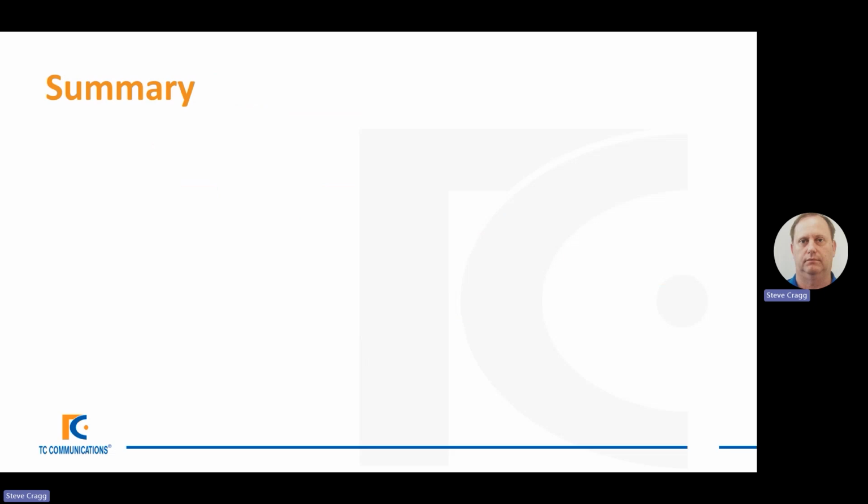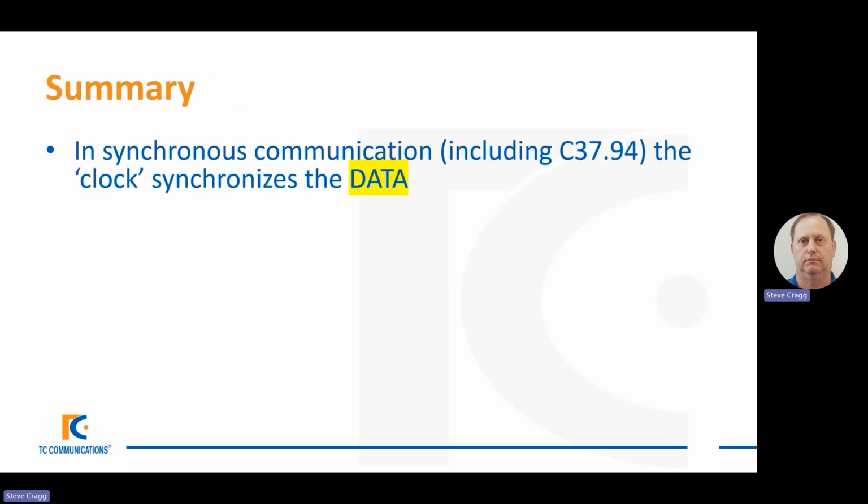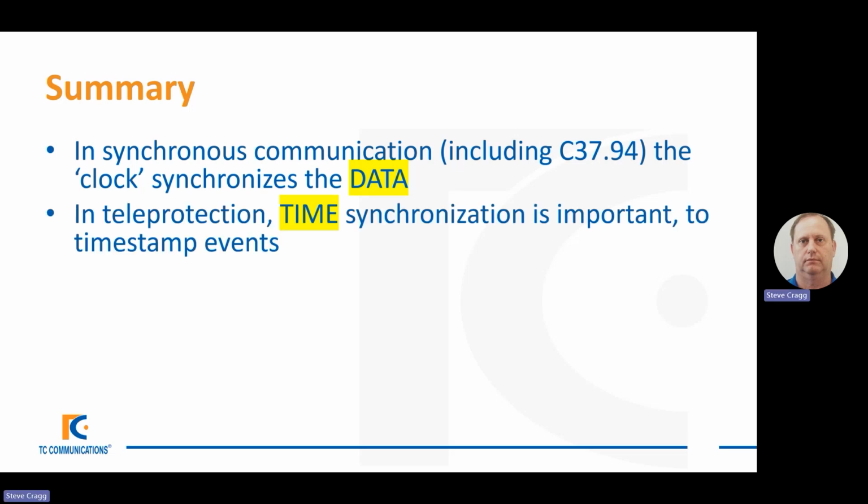So in summary, we've got 3 points. The first one is that in synchronous communication, which includes C37.94, the clock signal synchronizes the data. The clock is there so that the receiving device knows where to look for the correct value of the data. In teleprotection, time synchronization is important.